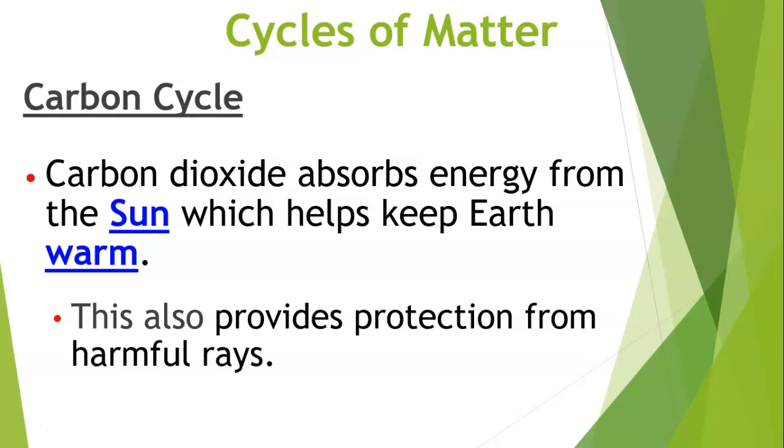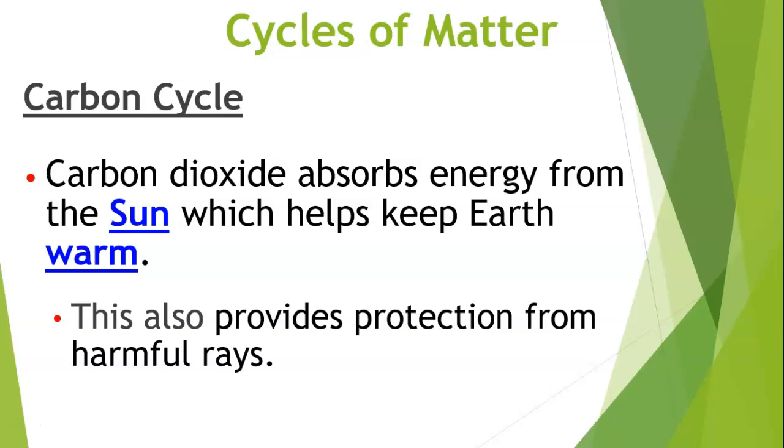So some of the sun's radiation actually bounces off carbon dioxide molecules before it even gets all the way to Earth. And so if it was not there, again, too much of the sun's radiation would hit Earth's surface and kill us all. And then without the carbon dioxide, the other problem would be that all of that radiation that hits the Earth wouldn't stay here.